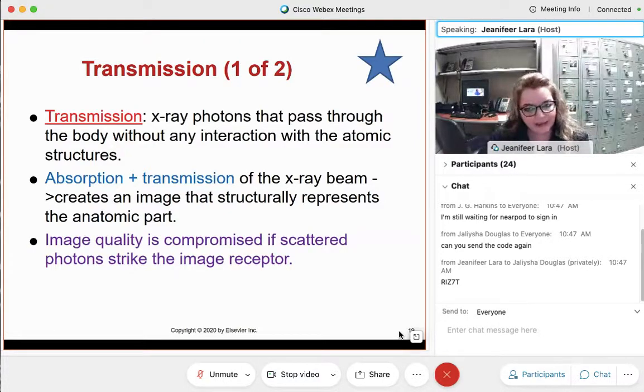Scatter is not ideal, especially when it's in an abundance. And so we have different devices on how we can control scatter, because ultimately scatter degrades our image quality. Okay? And we call that what? Is it fog? Fog. Perfect.